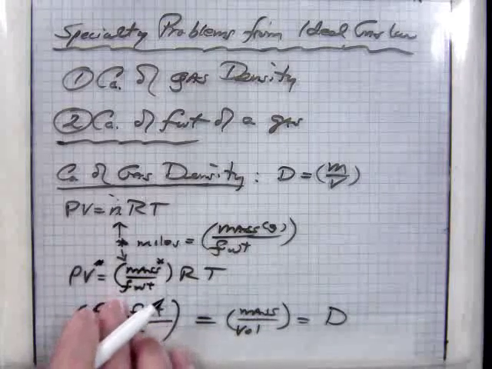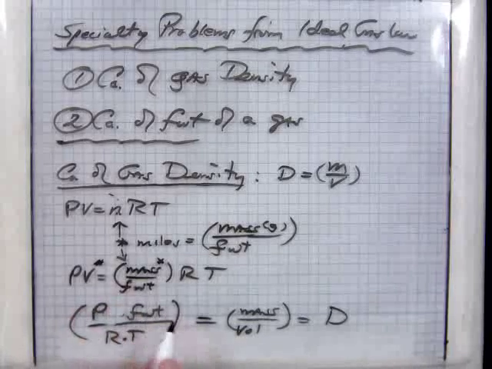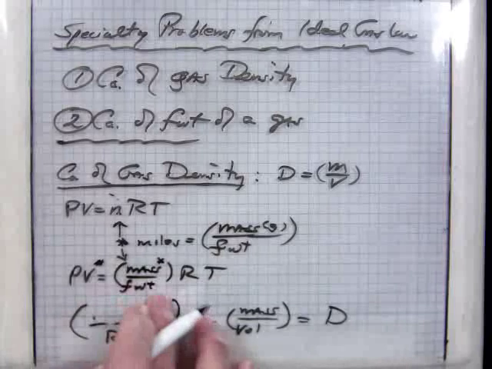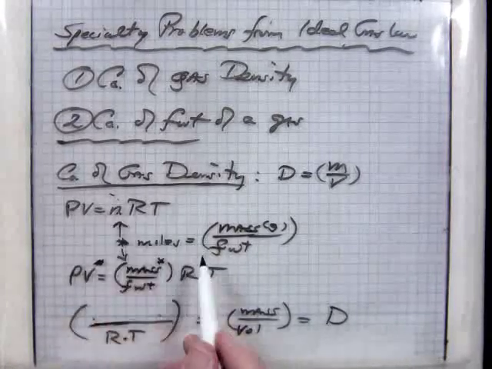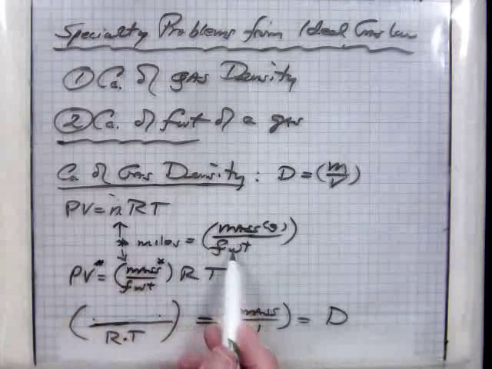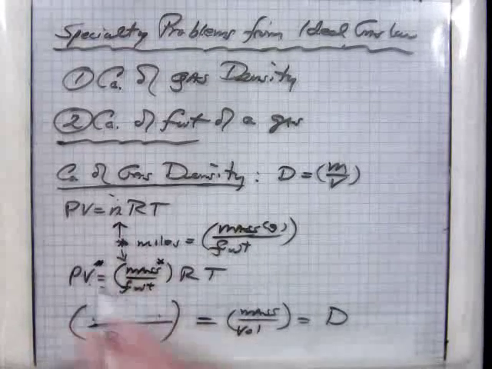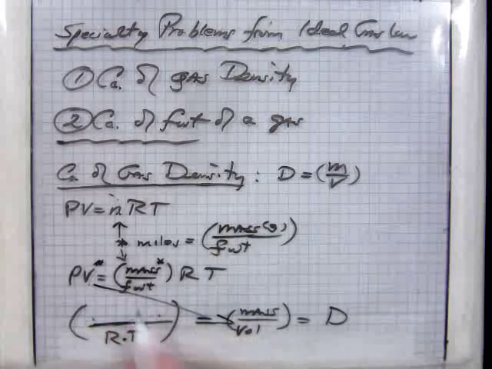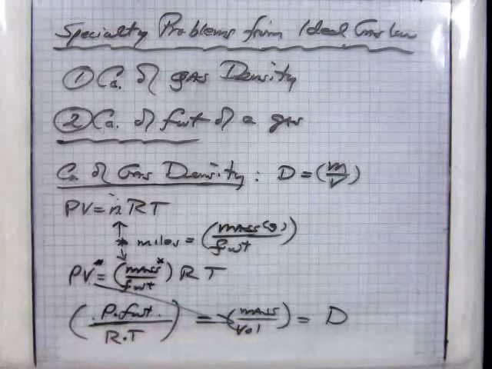PF over RT, I'm missing something. Oh, I put the volume on the other side, duh. See, this has already gone to the other side. Yeah, so it's P formula weight over RT.